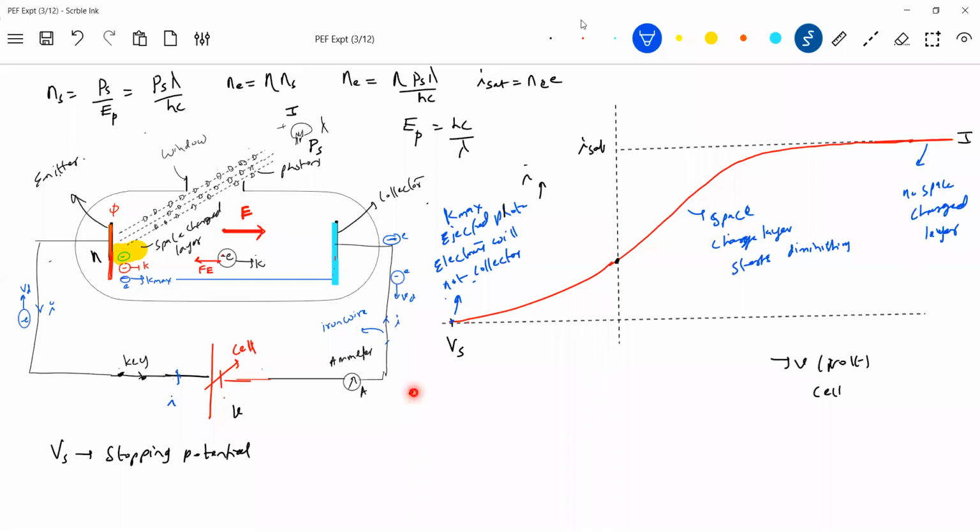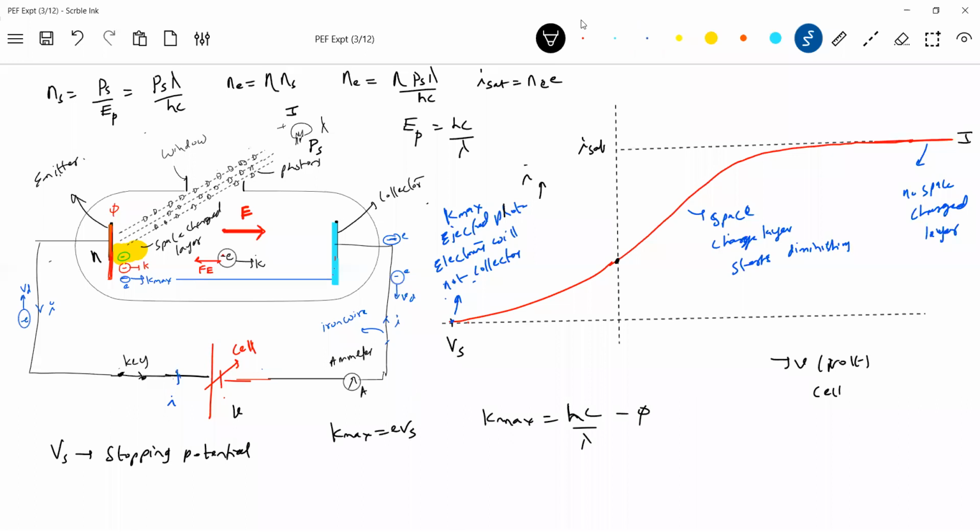Now let's come to this. What is the expression for Kmax? Kmax equals hc by lambda minus work function. So what should this Kmax be at this particular point?